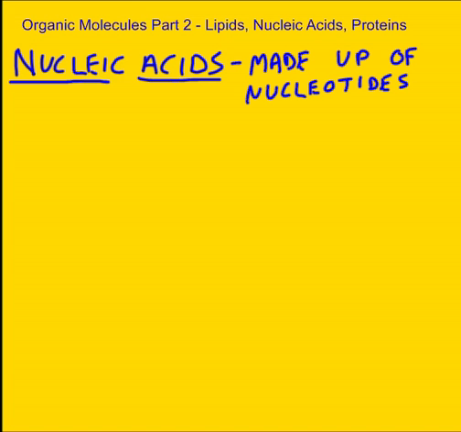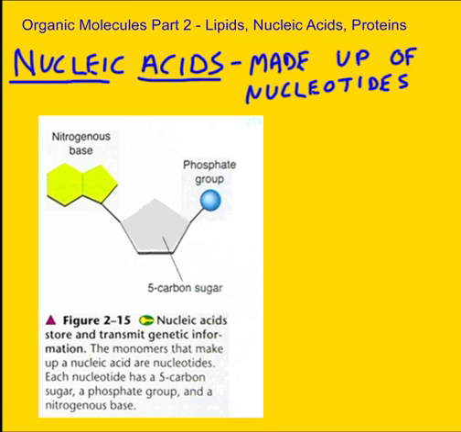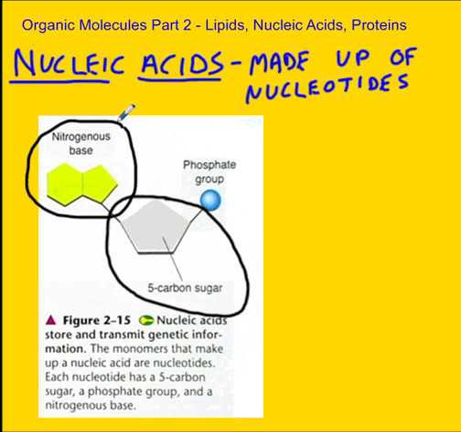Nucleic acids are macromolecules containing hydrogen, oxygen, nitrogen, carbon, and phosphorus. Nucleic acids are polymers assembled from the individual monomers known as nucleotides. Nucleotides consist of three parts: a 5-carbon sugar, a nitrogenous base, and a phosphate group.